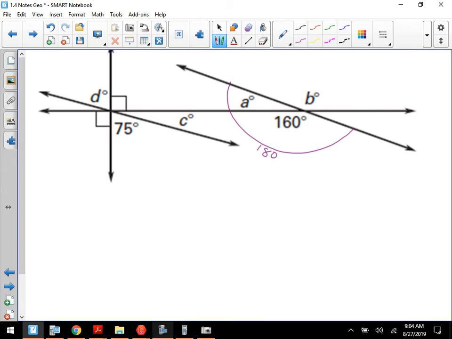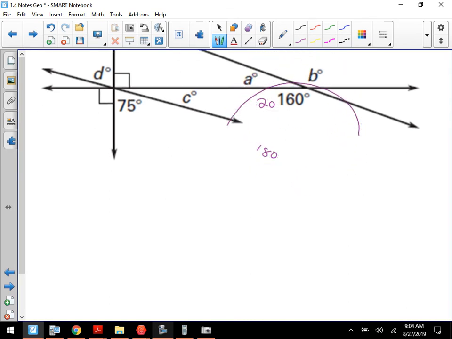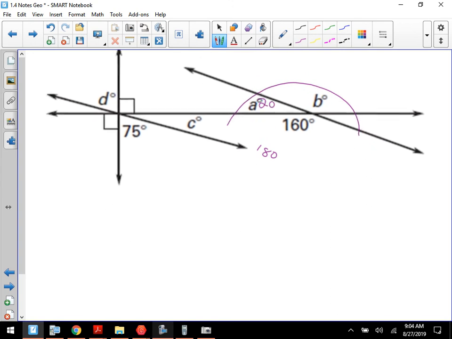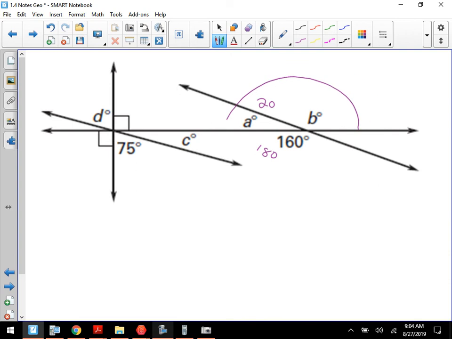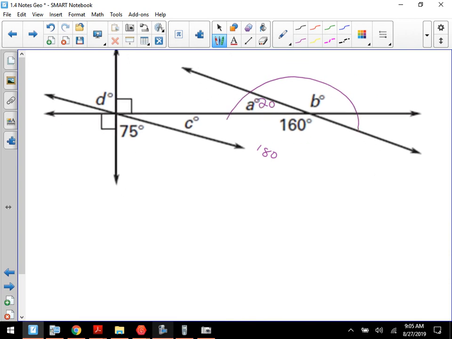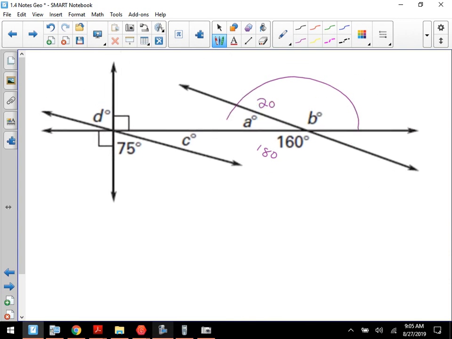Well, if this angle is 160, what's left here for angle A? 20, good. So I know that this one has to be 20. Well, if I rotate here now, what do those two angles have to add up to equal? 180, which means what does angle B have to equal? 160.